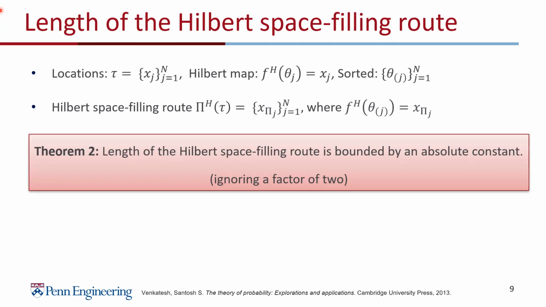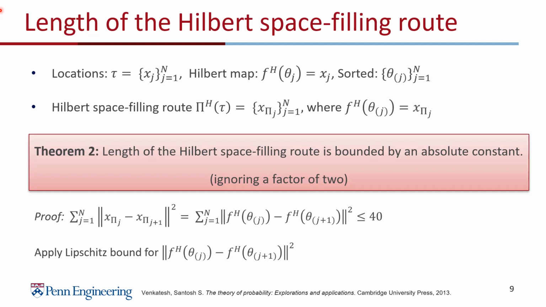And the theorem here is that the length of the Hilbert curve is bounded by a constant. I'm being a little bit imprecise here. By length, I mean not just the absolute length, but the sum of the squares of the distances between adjacent locations. The proof is basically exploiting the Lipschitz continuity of F_H. So this summation is going to be the length of the Hilbert route.